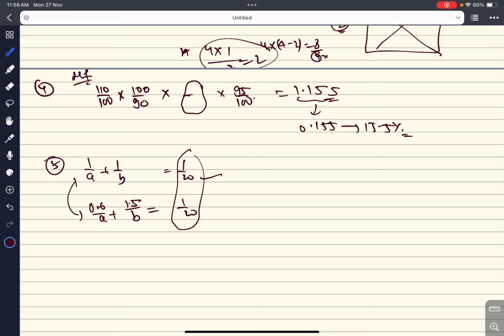On solving, 0.5a equal to 0.4b. So b by a equal to 5 by 4.